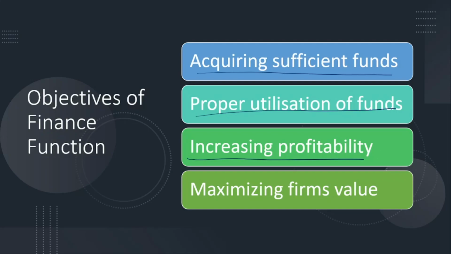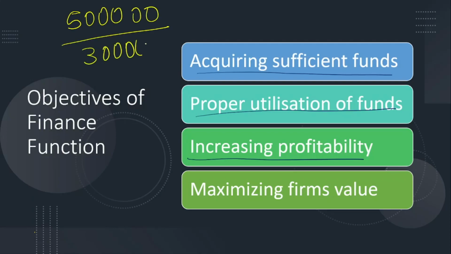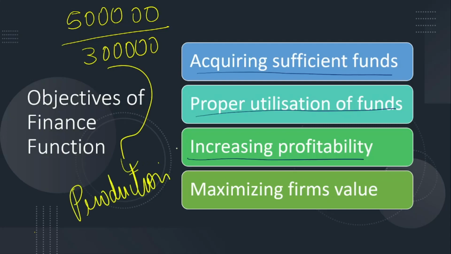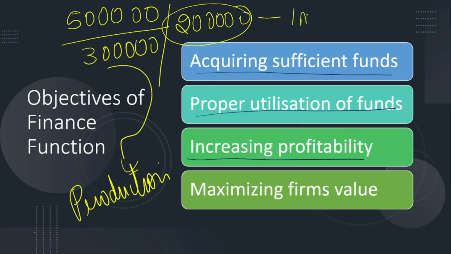Say, for example, I have raised 5 lakh rupees of finance. In that 5 lakh, I have given 3 lakh rupees to the production department. Now, the remaining 2 lakh rupees, I have to plan in certain investments.